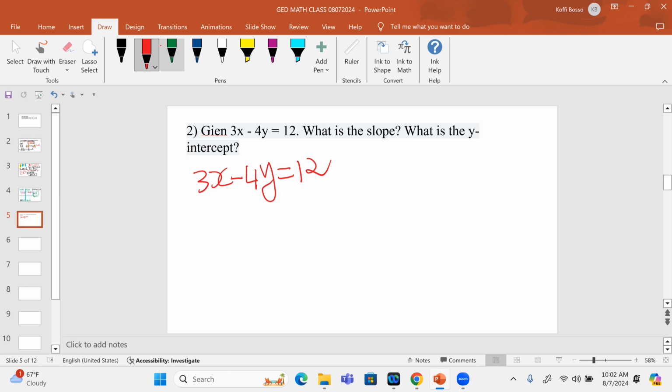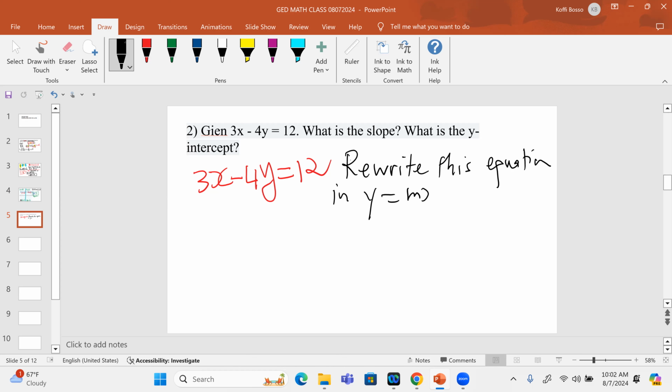Instead, what we're going to do? Dylan, any idea? Okay, we need to rewrite this equation in y equals mx plus b form.